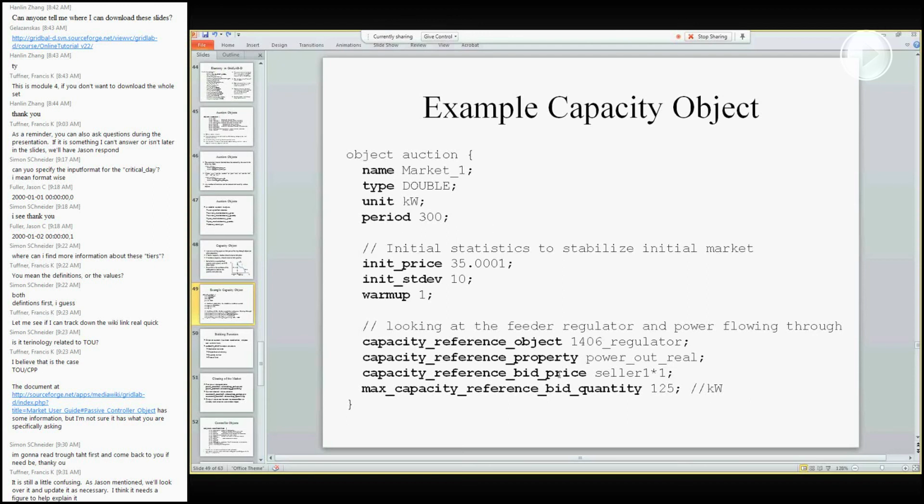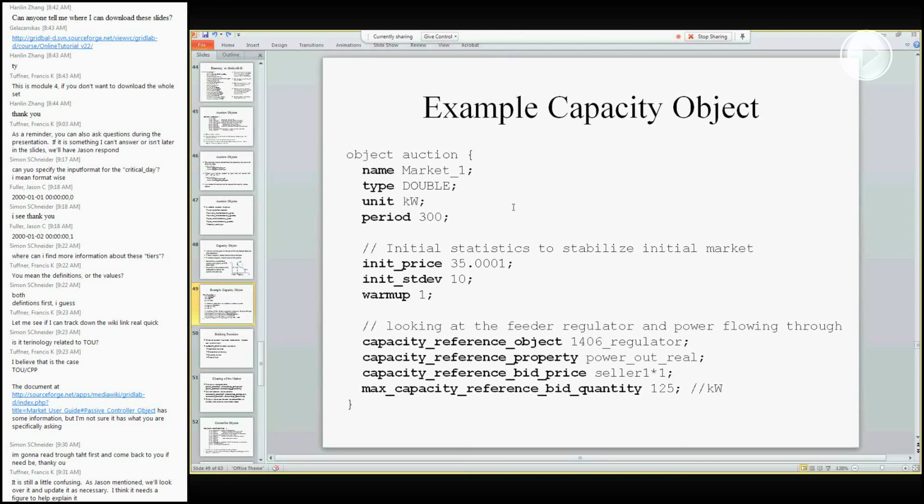This is the bid price of that power. In this case, this would represent the LMP price. And then the capacity reference bid quantity basically says what's my limiting quantity. In this case, it's 125 kilowatts, and that's because we declared it in this unit here.